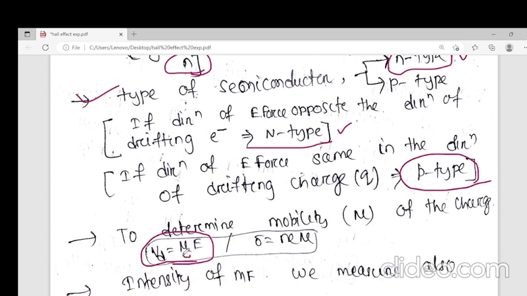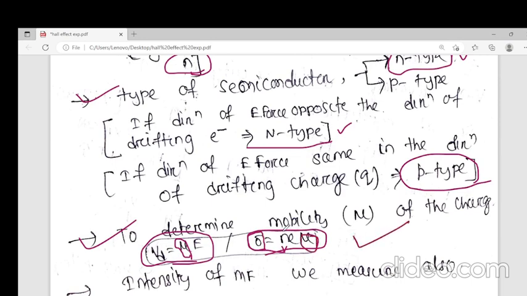So if you know Vd and the induced electric field, you can find the mobility. And in another numerical term, the conductivity is sigma equals n e mu, where n is the concentration of charge and e is the charge of the electron. If you know the conductivity of the material, then you can also find the mobility.